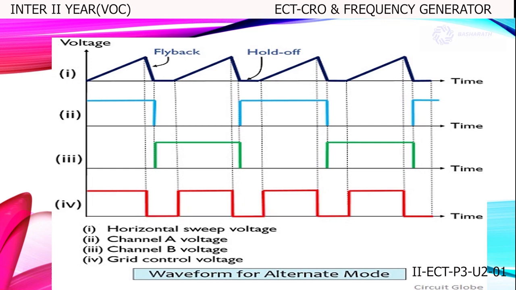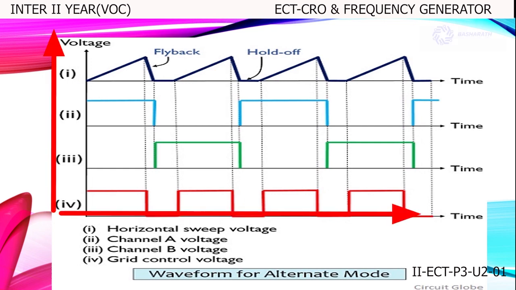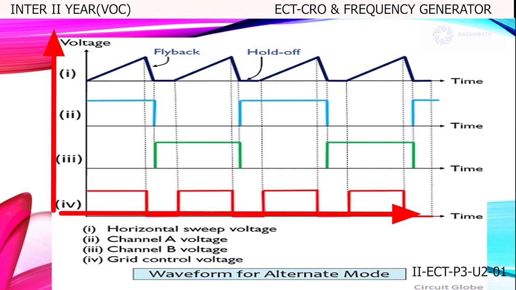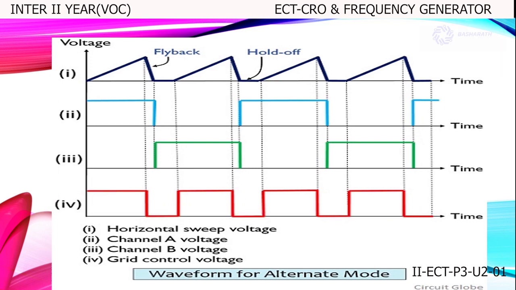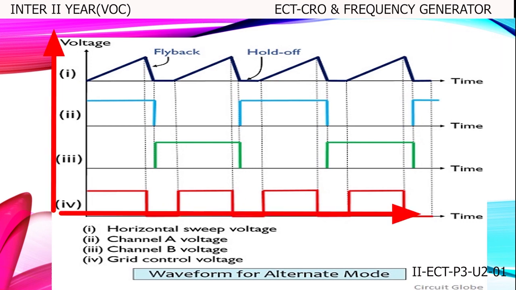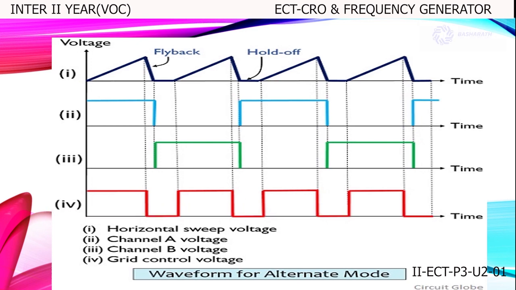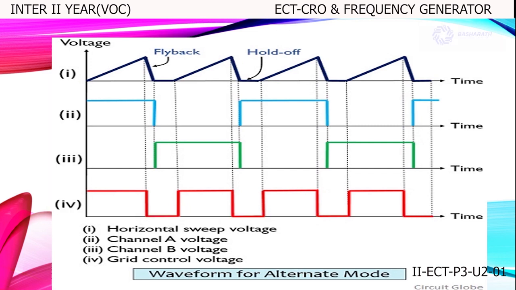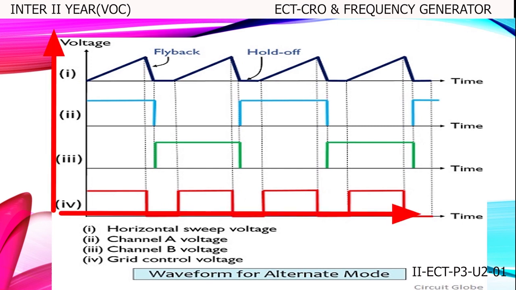Whenever we activate the alternate mode, then it permits the connection between both the channels alternately. This alternation or switching between the channel A and B takes place at the beginning of each upcoming sweep. Also, there exists synchronization between the switching rate and the sweep rate.